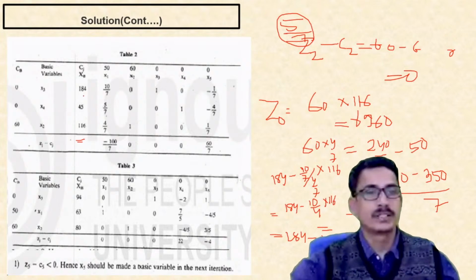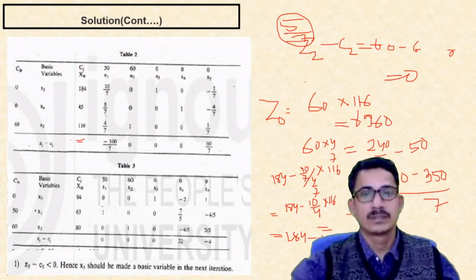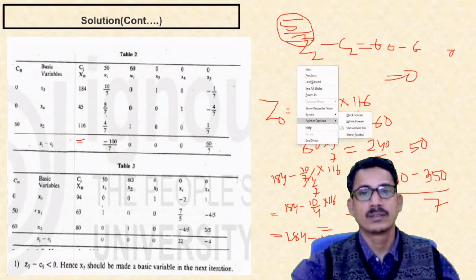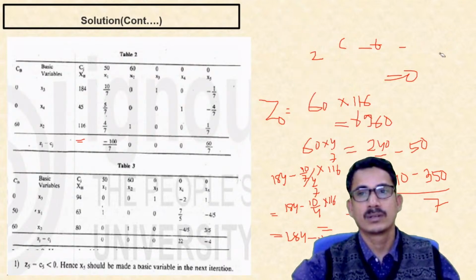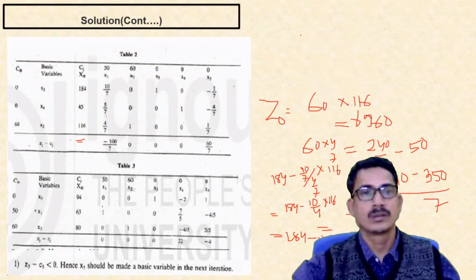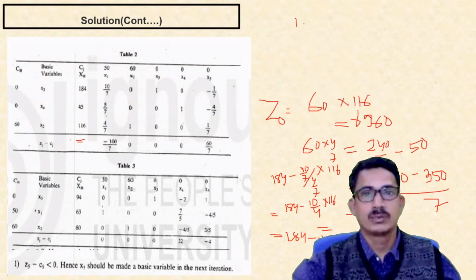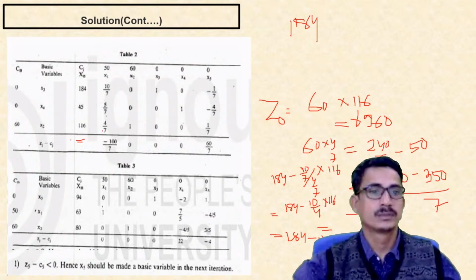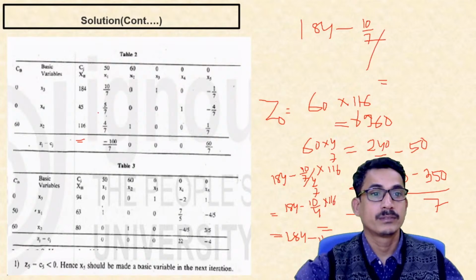Or else you can do it like this: 184 minus 10 by 7 divided by 5 by 7 into 45.